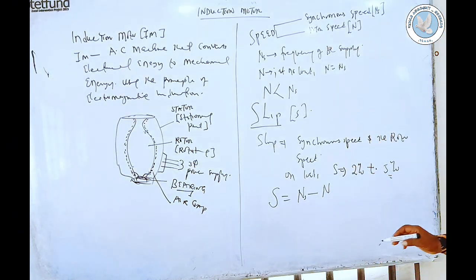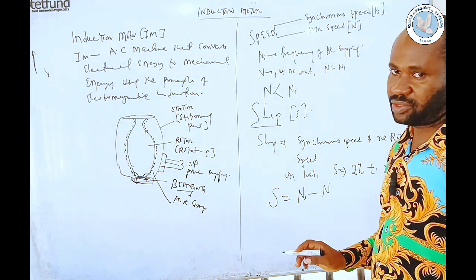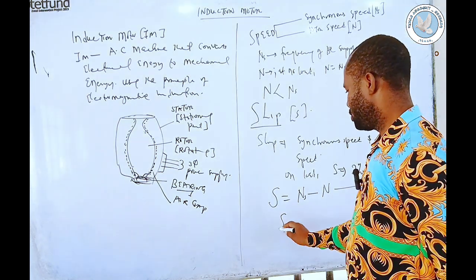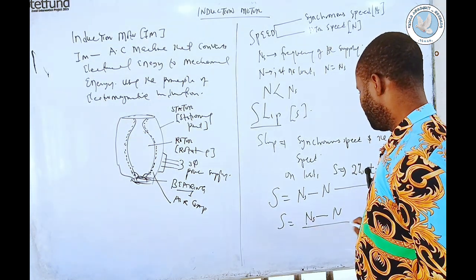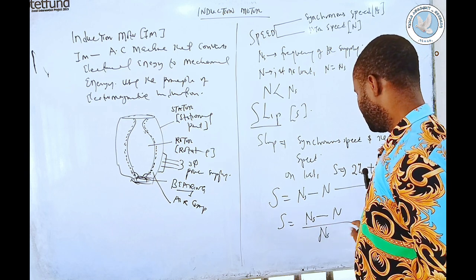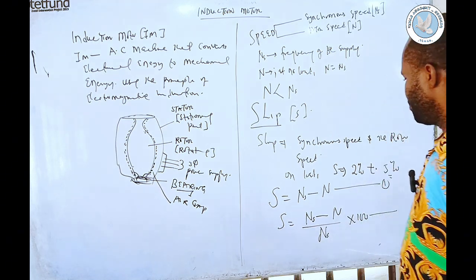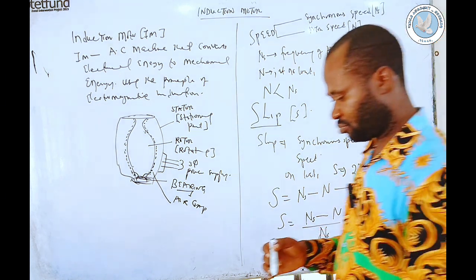So that is the slip, and we always represent it in percentage. So slip is equal to this divided by synchronous speed, and you multiply by 100 to make it in percentage.